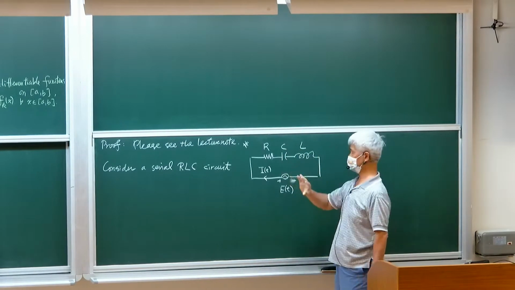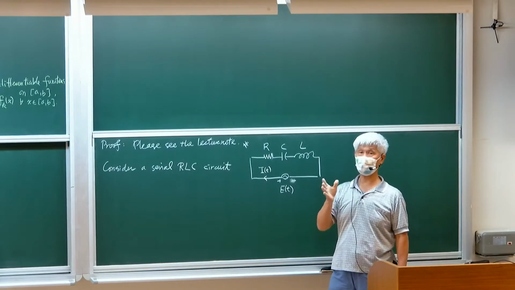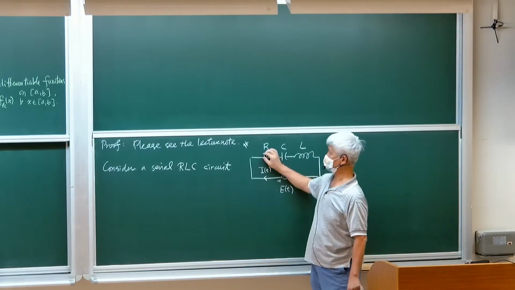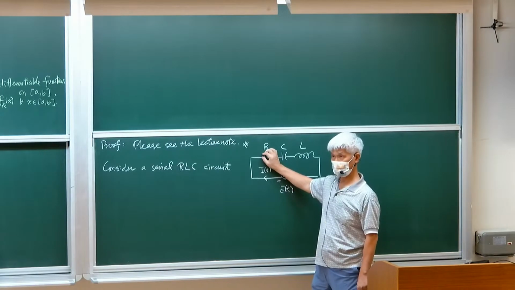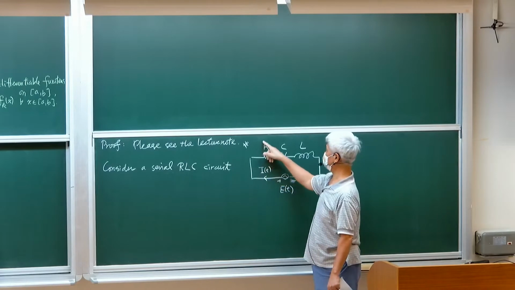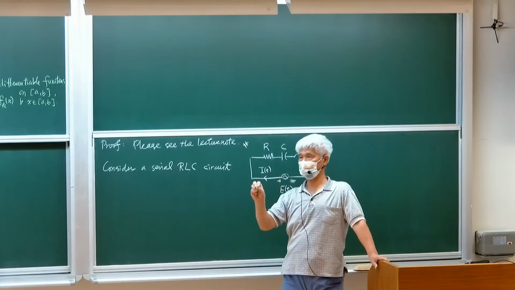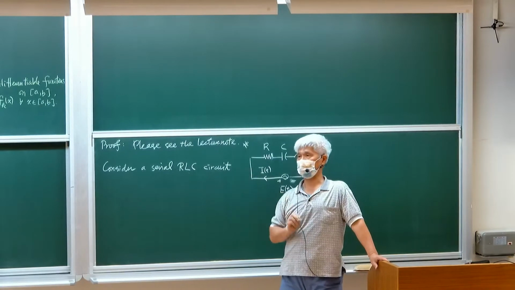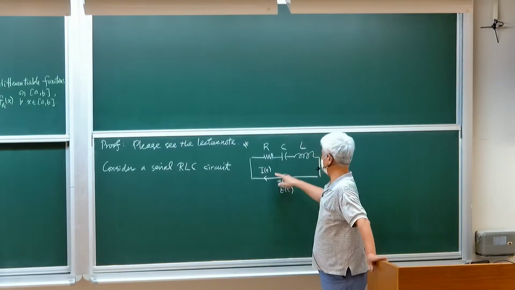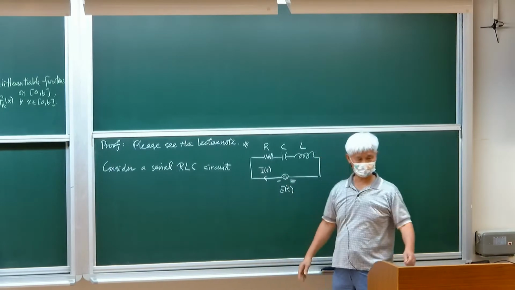So you will not consume electrical energy if the resistance is 0. But with resistance, the resistor will turn electrical energy into thermal energy, so that the energy will be consumed.